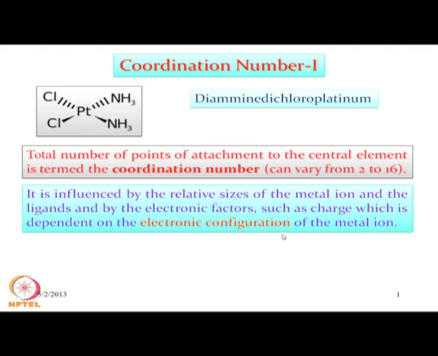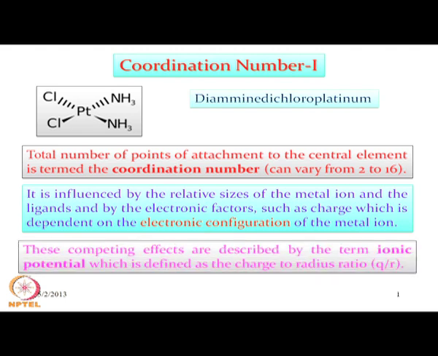That is why in our body, in the blood, the size of the metal ion iron in myoglobin and hemoglobin is different, and when we pass from one configuration to the other, in one case it is sitting above the porphyrin ring and in another case it is fitting nicely within the pocket of the porphyrin ring, and that gives us a very important phenomenon in blood which is known as cooperativity.